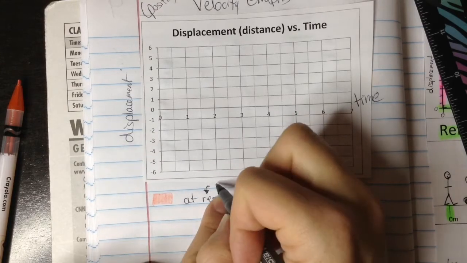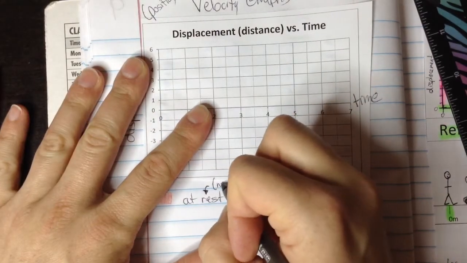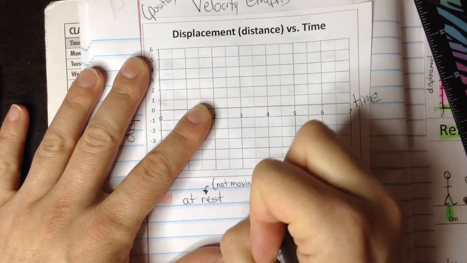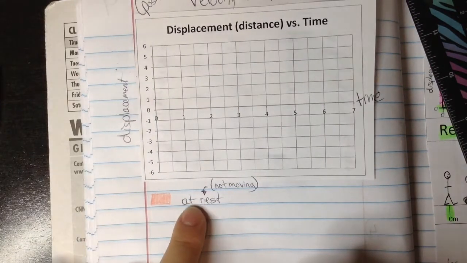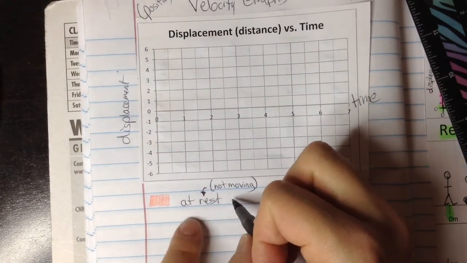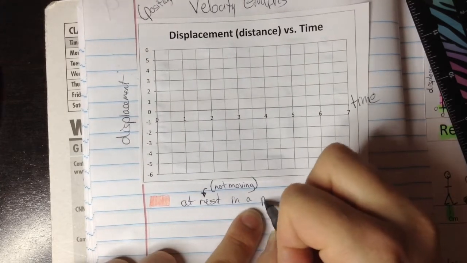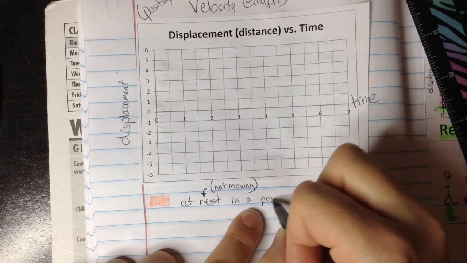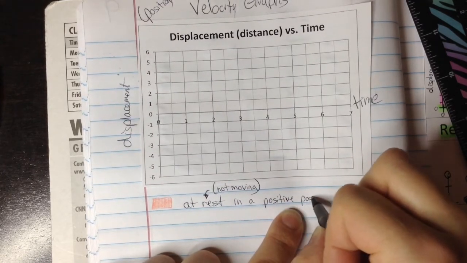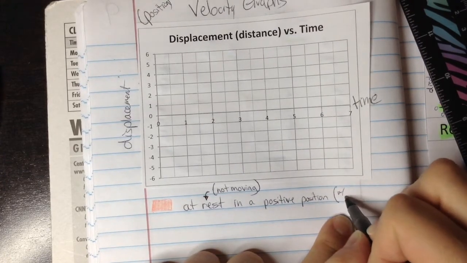That means it's not moving. So the physics way of saying an object is not moving, we say it's at rest. So we're going to draw a graph for an object that is at rest in a positive position, or you can say with a positive displacement.